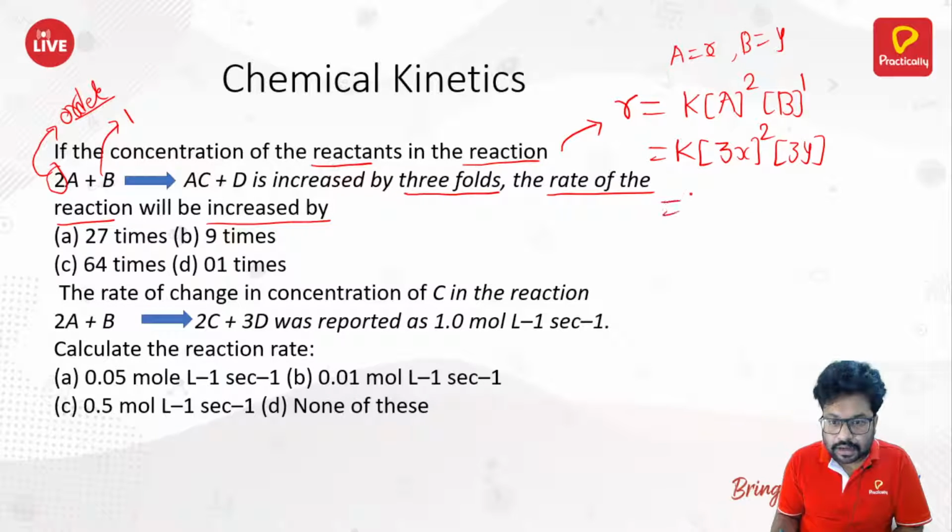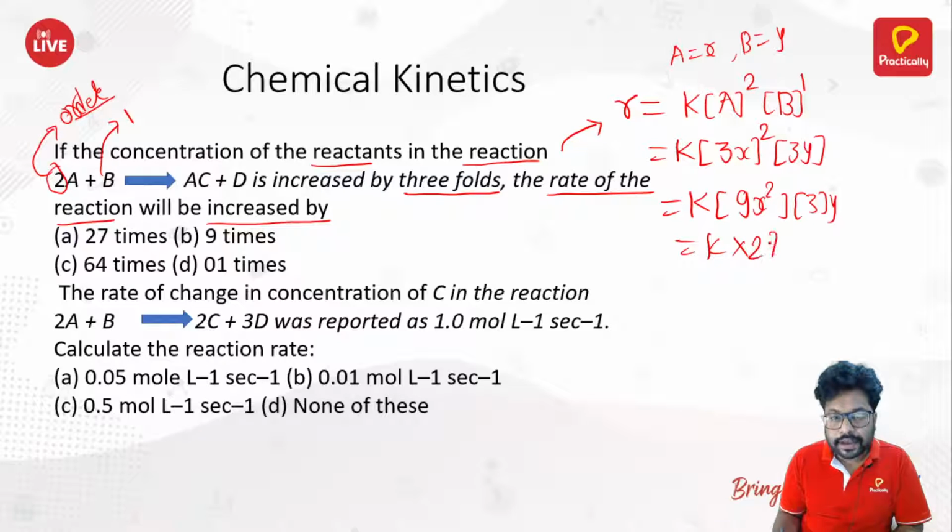So R is equal to K, (3x) square, 3 square is 9, 9x square, and 9 into 3y, so it is equal to K, 9 into 3, 27.